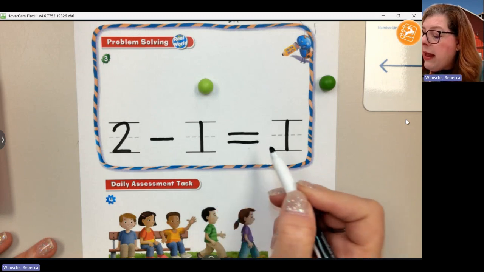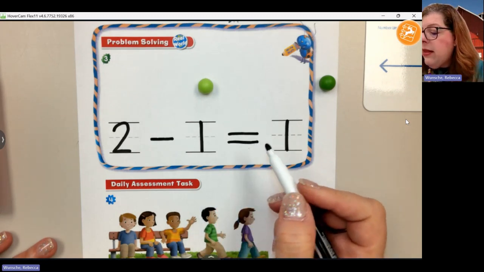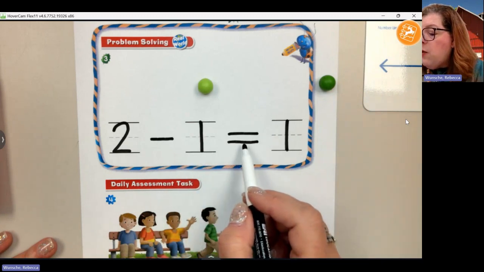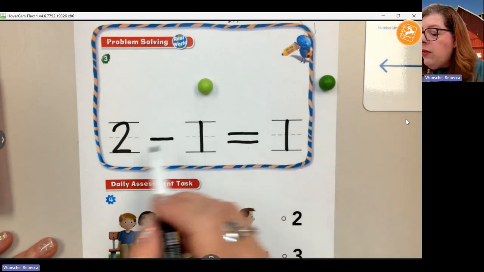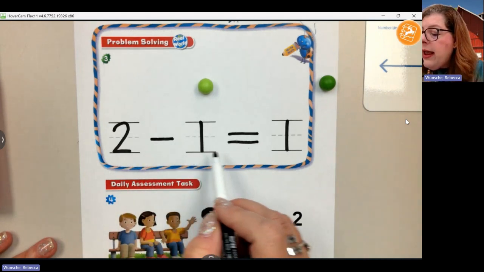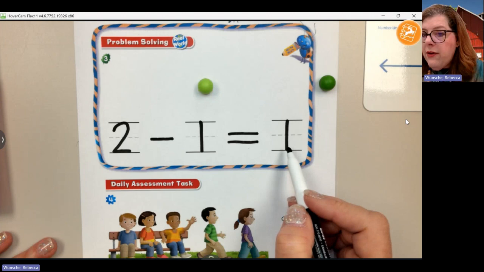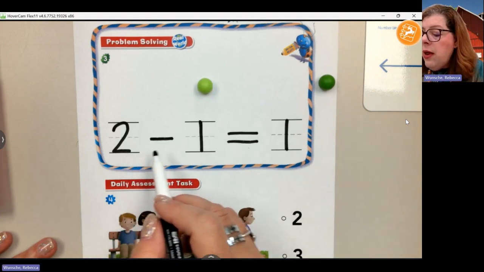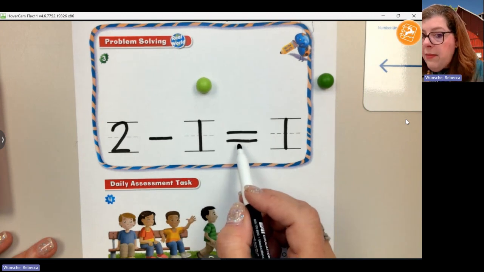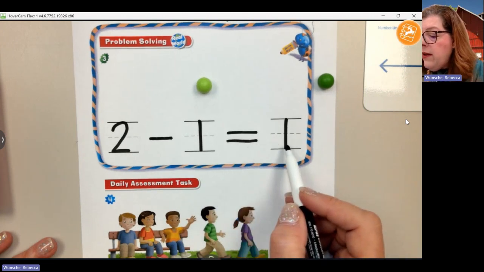That shows us that we're making a complete math sentence. 2 minus 1 equals 1. So this is telling me if I have 2, and I take 1 away, I'm going to have 1 left. 2 minus 1 is the same as 1.